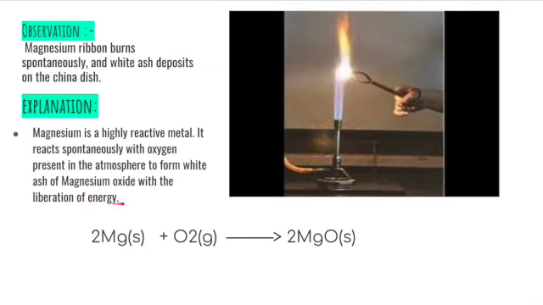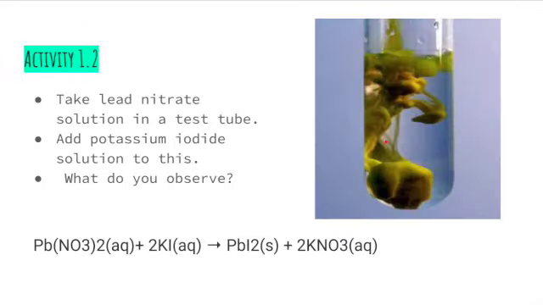If they ask, give me a chemical equation where liberation of energy is formed, you should always write 2Mg plus O2. Now activity 1.2. Take a lead nitrate solution in a test tube, which is colorless. Important, colorless. Add potassium iodide solution to this, which is also colorless.